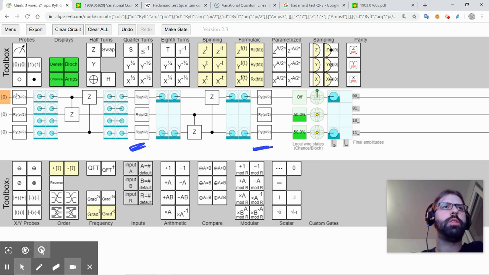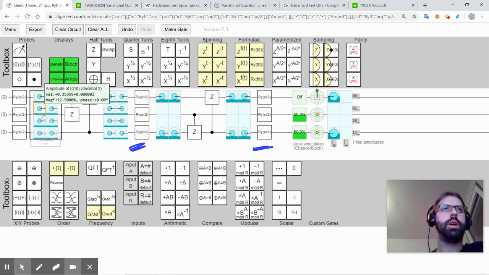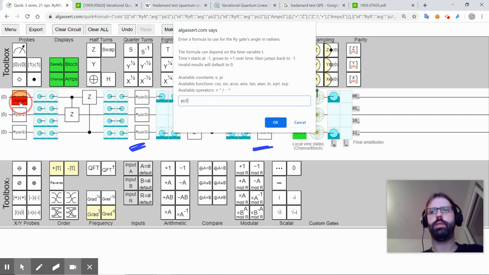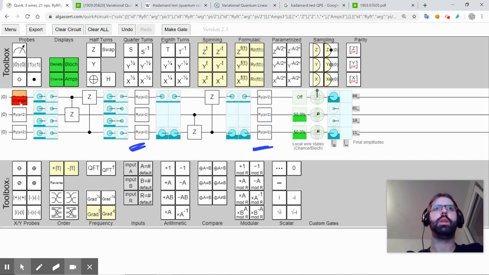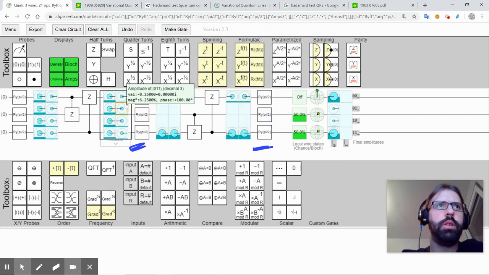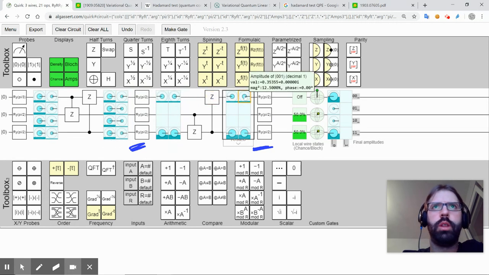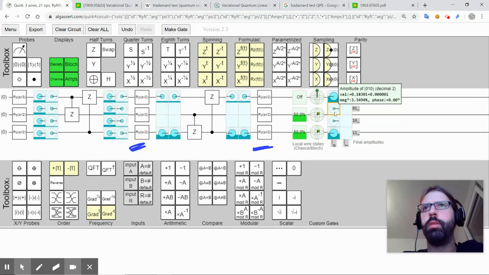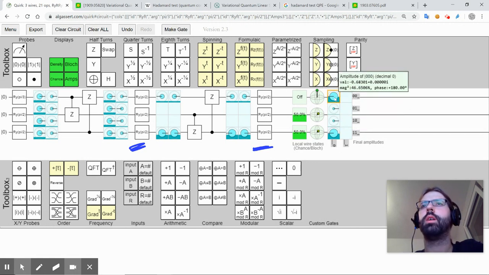I wonder how this changes if I just go here and say that's pi thirds, right? Okay, so those things are just a little bit less rotated, but the effect is kind of the same. So here you've got a bit of a different final state.